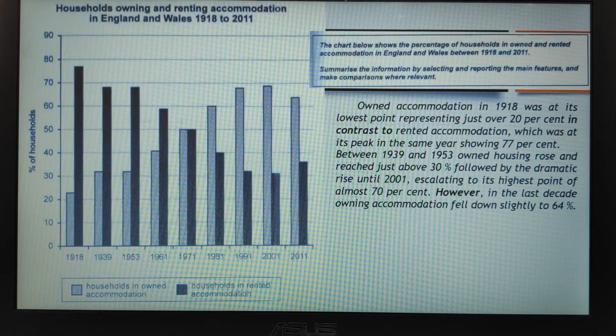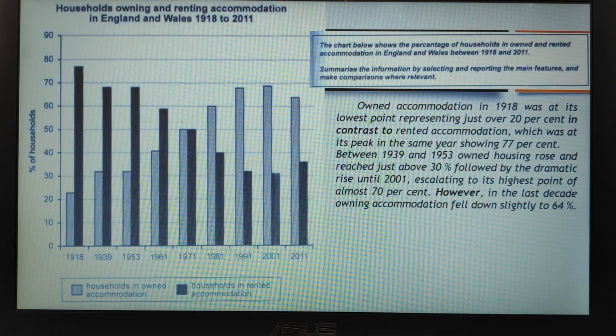However, in the last decade, owning accommodation fell slightly to 64%. So, I think I've included everything concerning this trend.